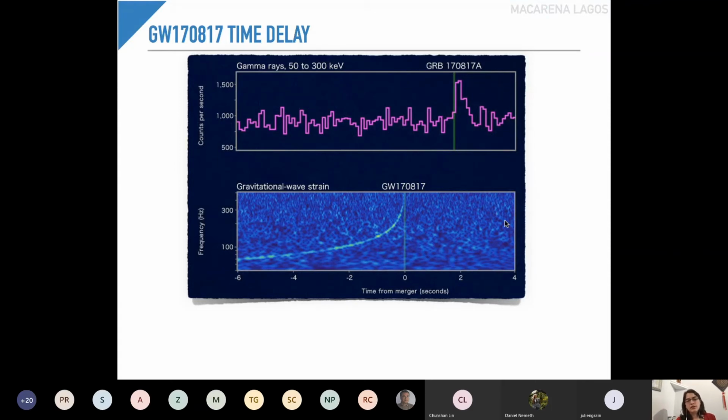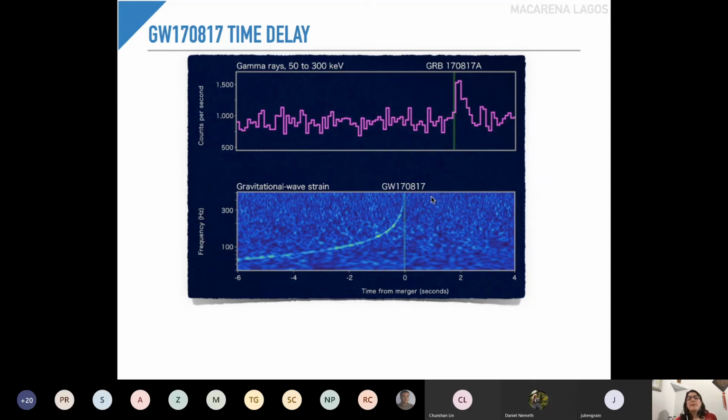As I said, we want to complement or exploit differences between these two signals, and the simplest comparison that you could do is to compare their arrival times. In this case, the electromagnetic signal arrived about 2 seconds after the gravitational wave signal, and then you could ask, what if that difference was due to the fact that maybe gravitational waves propagate faster than light?